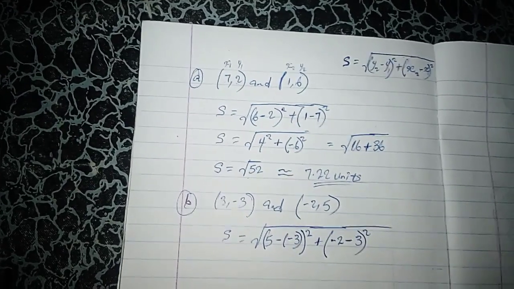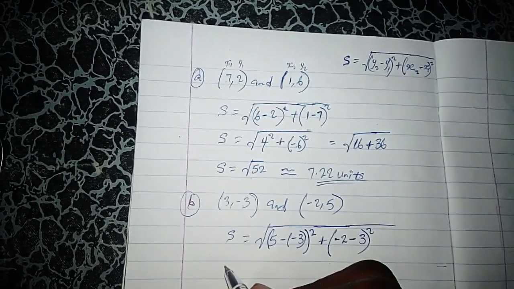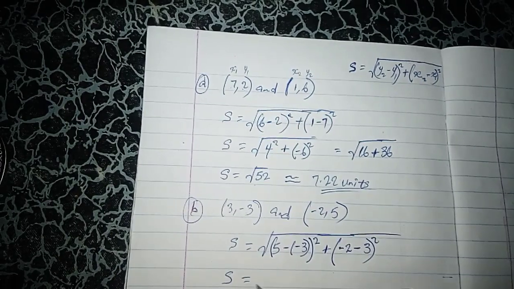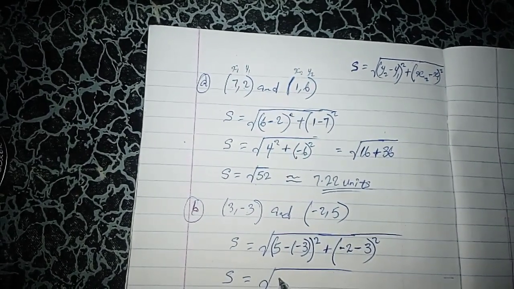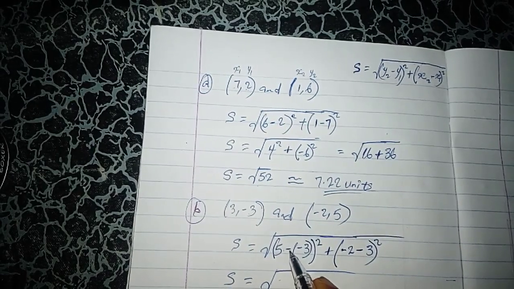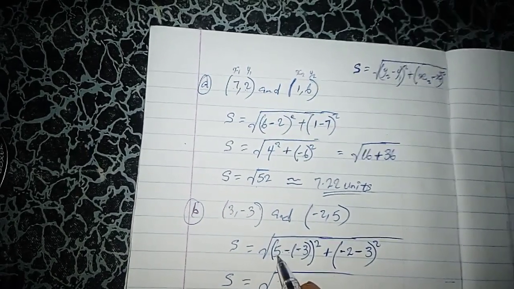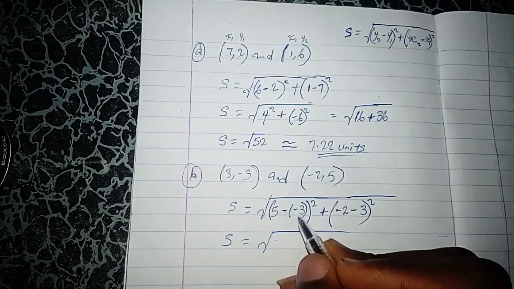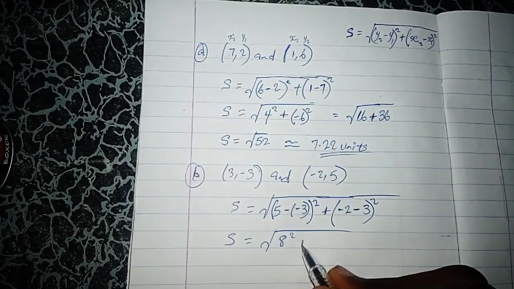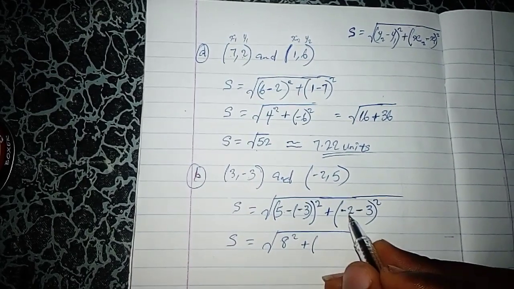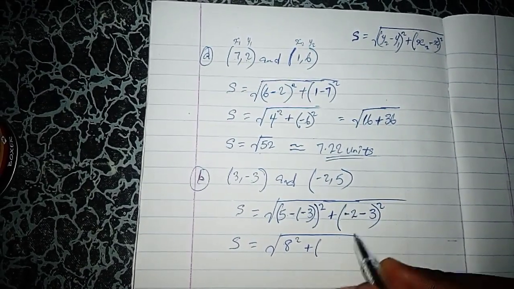So the distance is equal to the square root of 5, negative times negative is positive, so 5 plus 3 is 8. So this is 8 squared, then plus negative 2 minus 3, that's negative 5 squared.